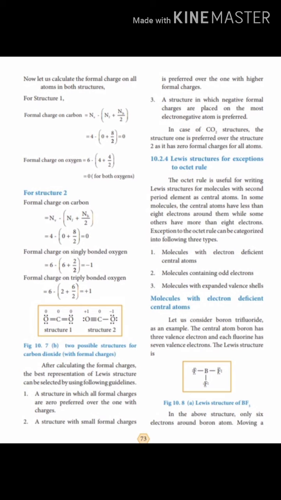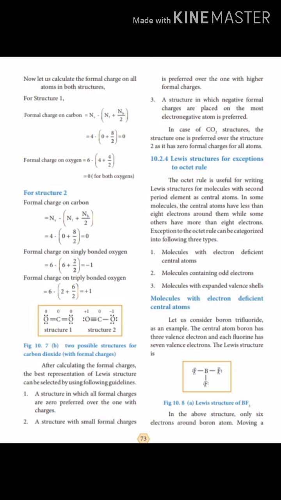Let us consider boron trifluoride as an example. The central atom boron has 3 valence electrons and each fluorine has 7 valence electrons. The Lewis structure of boron trifluoride is shown in the picture. In this structure, there are only 6 electrons around the boron atom.